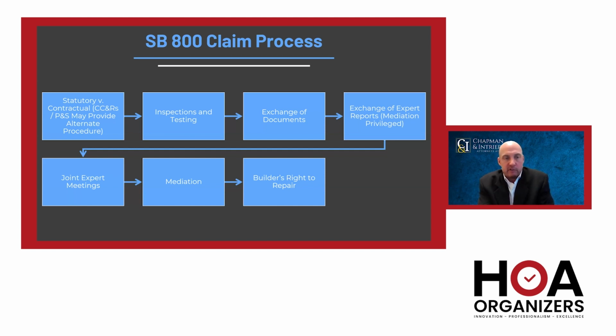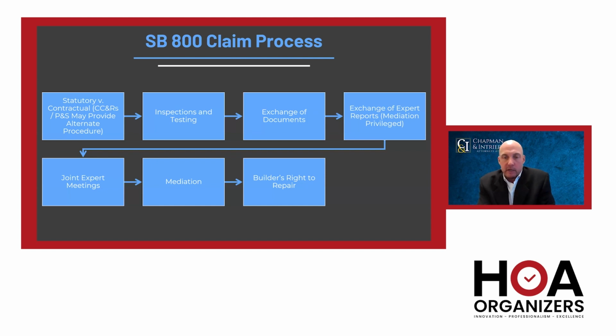An important feature of the service of the notice of claim is that it tolls the statute of limitations. In other words, it stops the clock so that you can avoid the time bar by initiating a claim. It's essentially the same as, has the same effect, more or less, as filing a lawsuit within the time frame. So it's important to initiate the SB 800 claim process in a timely fashion.